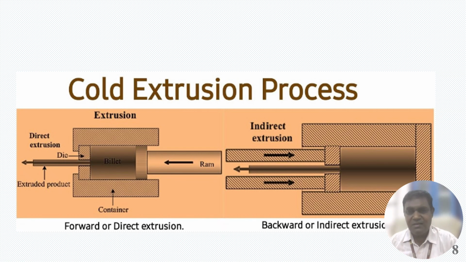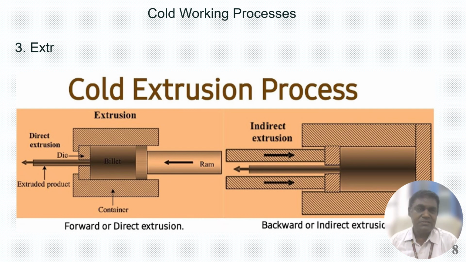Now let us see another diagram, the backward or indirect extrusion. Here the applied force is in one direction and the extruded part moves in the opposite direction. You apply the force towards the left, but the product comes out towards the right. So this is called indirect or backward extrusion. As per the requirement, we can follow either direct extrusion or indirect extrusion. So this is the cold extrusion process.